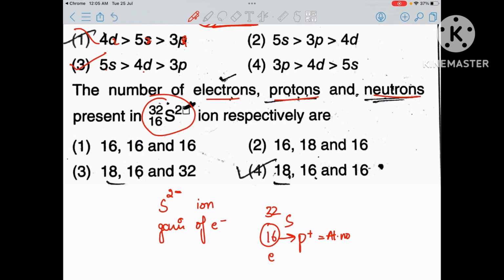And if I talk about electrons, because there is a gain of 2 electrons, so 16 plus 2, how many total electrons are there? 18. So 18 electrons, 16 protons and 16 neutrons. How do you get it? The atomic mass minus the atomic number, you will get the number of neutrons.